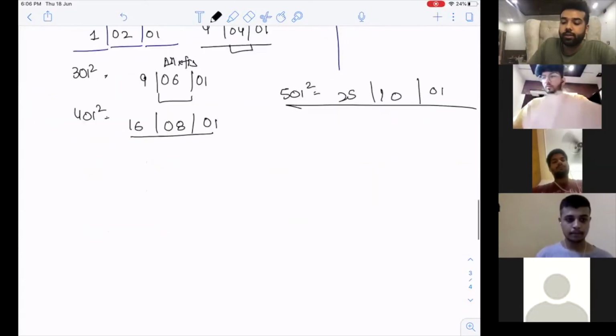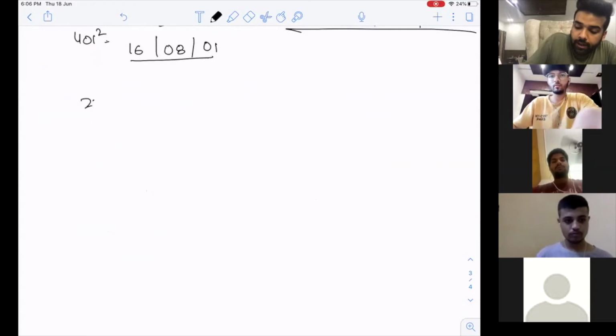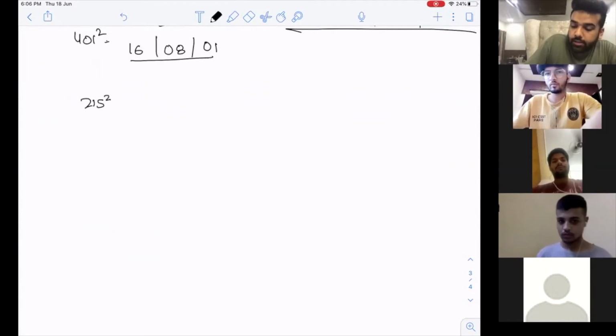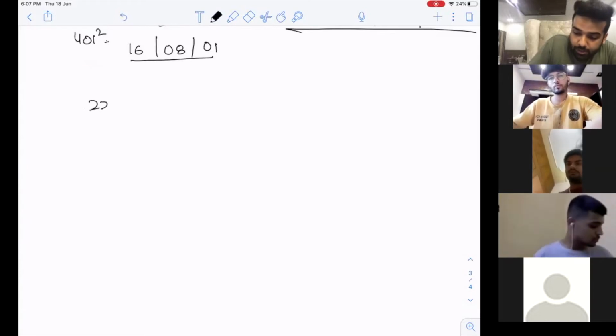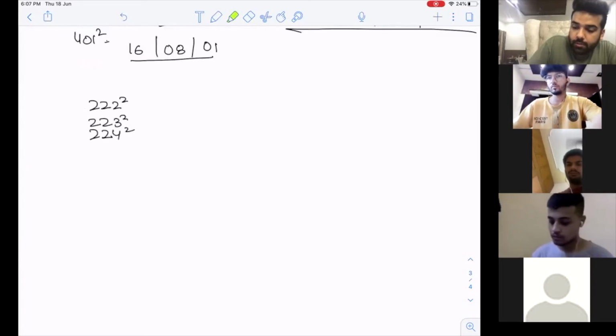So let's do it. All I want you to do is find me the answers of these quickly. Or actually, let me rub it up. There might be some confusion in these numbers. 223 square, 224 square.